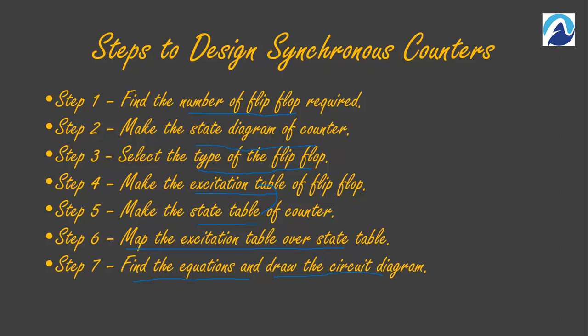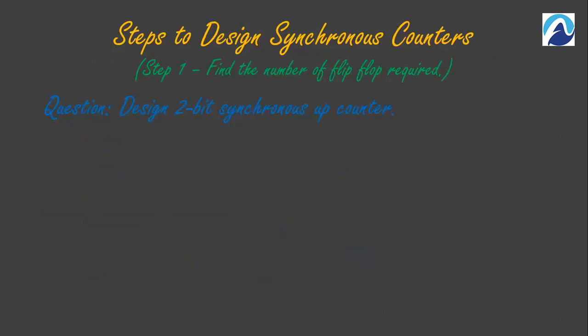Now let us move to the first step for designing a synchronous counter. Let's consider an example that we are going to design a 2-bit synchronous up counter. The first step is that we need to find the number of flip-flops we need. The number of bits you need to design is equal to the number of flip-flops you require.